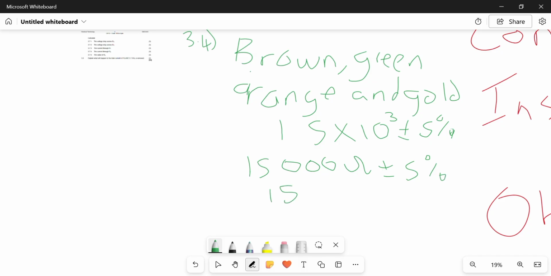So it will be 15 kilo ohms plus or minus 5%. Okay guys, so that's how we are doing things. That's how we do 3.4, the color band.